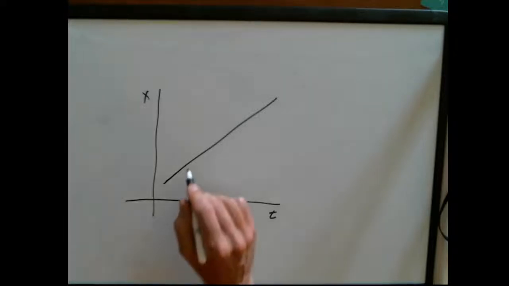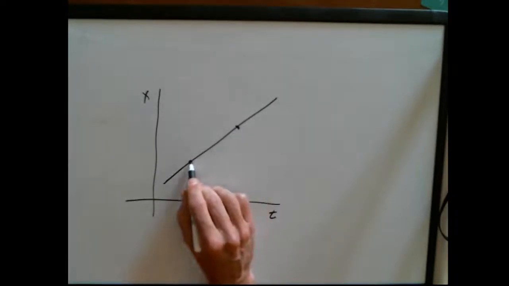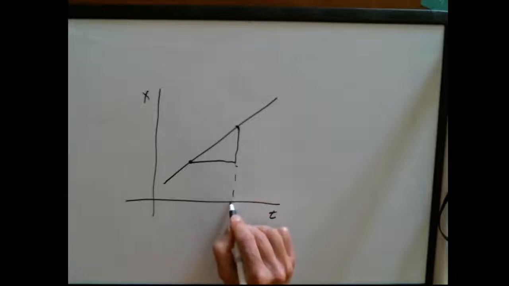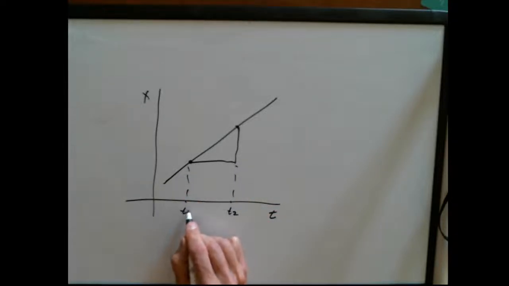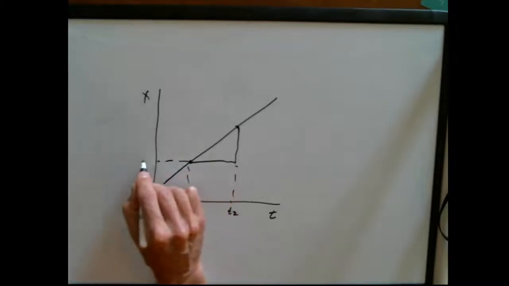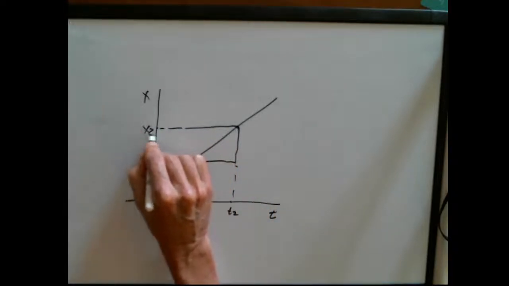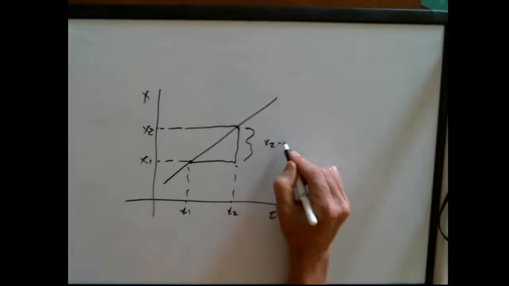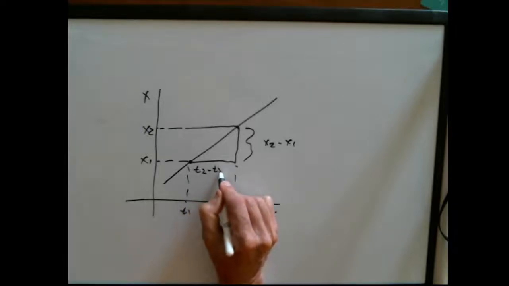If you remember, the slope in a position versus time graph is the change in position, right? If this is T2 and this is T1 and this is X1 and this is X2, then this is X2 minus X1 and this is T2 minus T1.